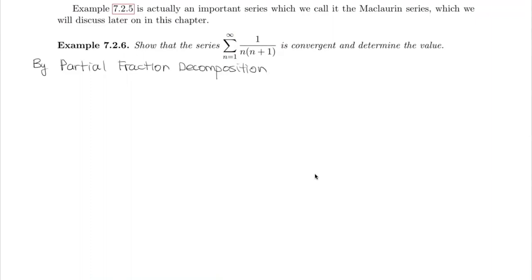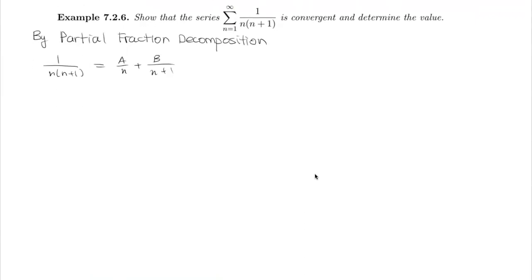By partial fraction decomposition, we have 1 divided by n times n plus 1. I could also write this as a divided by n plus b divided by n plus 1. That means I could add this as a times n plus 1 plus bn, the whole thing divided by n times n plus 1.